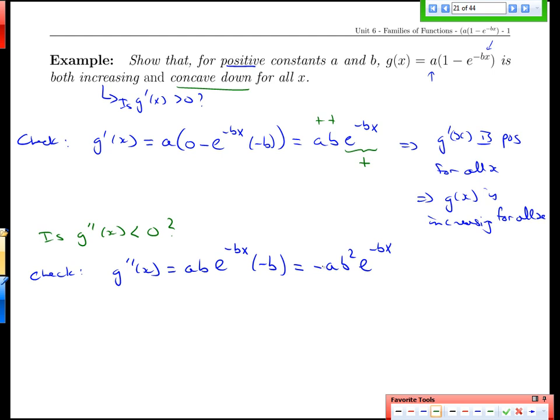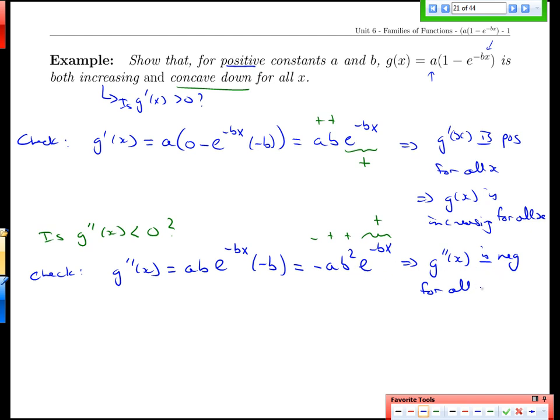And if we do a quick sign check on that, we always have minus. A we said would be positive, b we said would be positive. If it's squared, it's still positive. And the exponential factor is also going to be positive. So overall, g double prime of x is negative for all x values. Doesn't matter what x I put in here, this term's always positive.